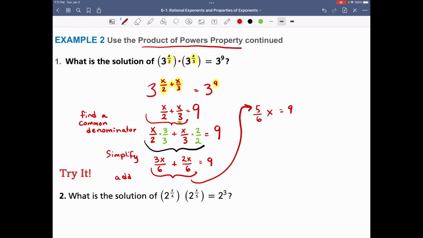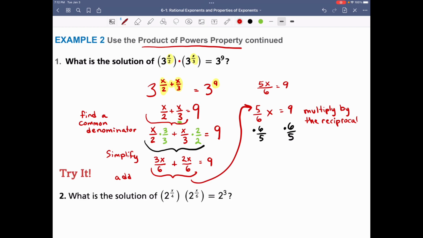It doesn't matter, you can write it with the 5x on top over 6, but to undo this, we are going to multiply by the reciprocal. That's what I was saying, hopefully you remember from 8th grade. Multiply by the reciprocal, and that undoes the operation. So I'm going to multiply by 6 over 5, multiply by 6 over 5.